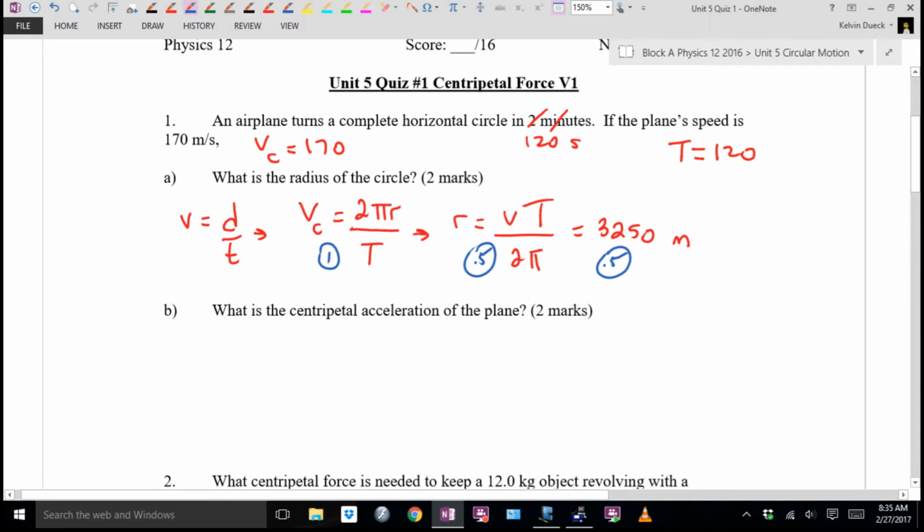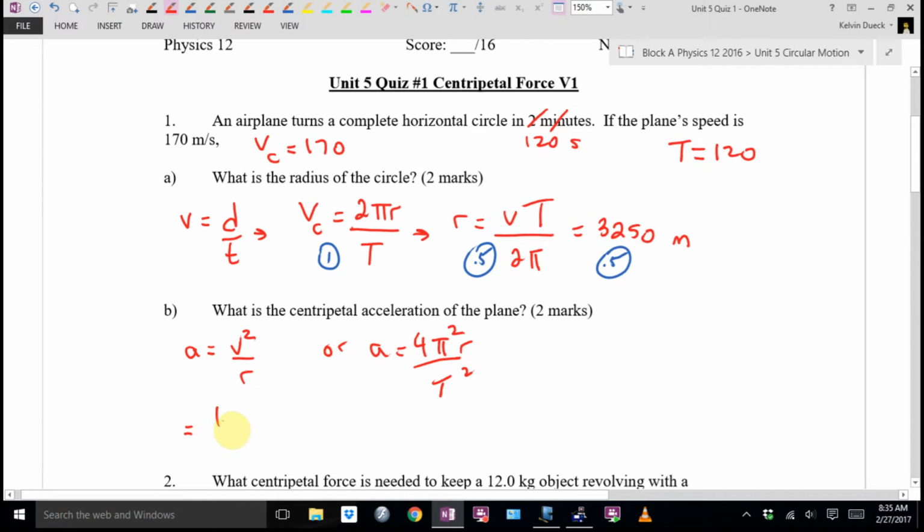What's the centripetal acceleration of the plane? Either of those is doable. No matter what, I am going to have to use r, my answer from part A. You know what? This first one is less typing.